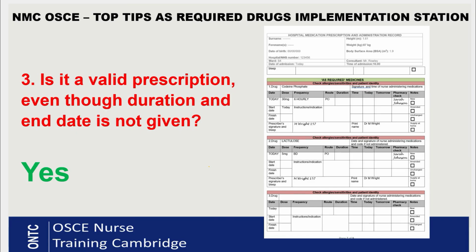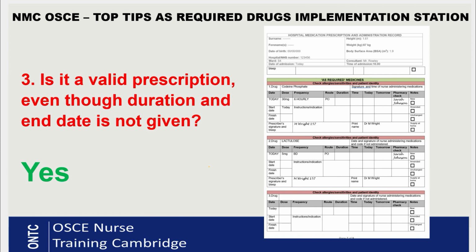So that's your answer. Number 3, is it a valid prescription even though duration and end date is not given? Lots and lots of you have been sending me comments on this. So if we look at this prescription here, the date is today, the dose is 30 milligram, and the drug is codeine phosphate, and the frequency is 8 hourly.